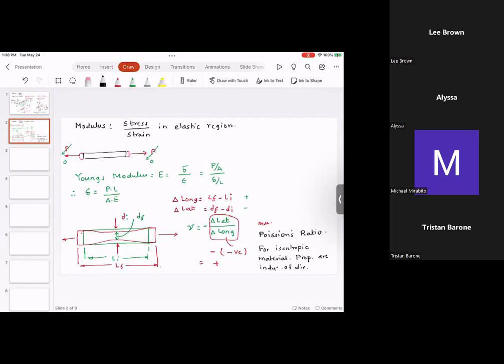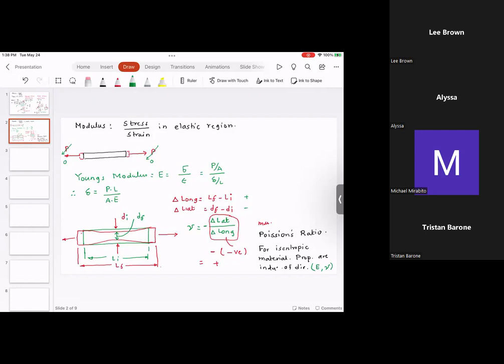But if you have a material like brass or mild steel, then basically it would be an isotropic material. For isotropic material, you are going to need only two properties to define the entire material, which is Young's modulus and Poisson's ratio.